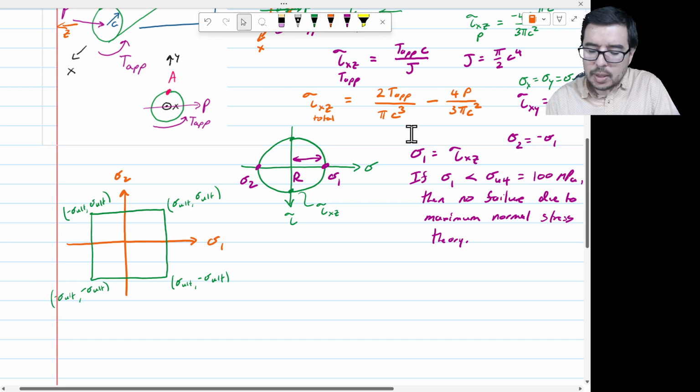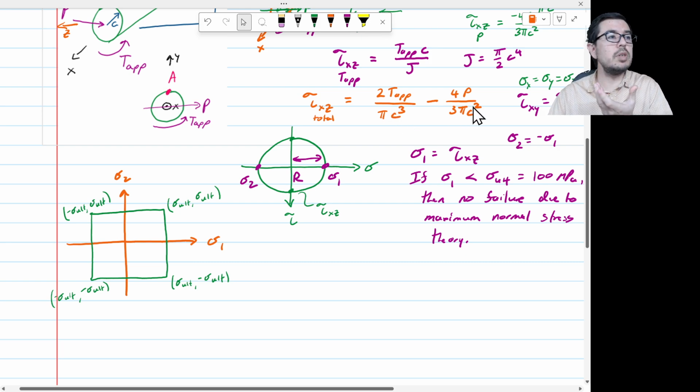Typically the torsional shear stresses are going to be higher than the transverse shear stress, because transverse shear stress is typically low. Often the transverse shear stress components for bending are in the hundreds of kilopascals, whereas the torsional shear stresses are often much higher, tens to hundreds of megapascals.